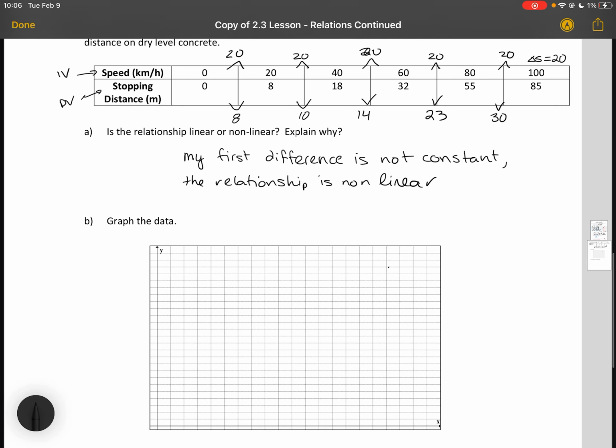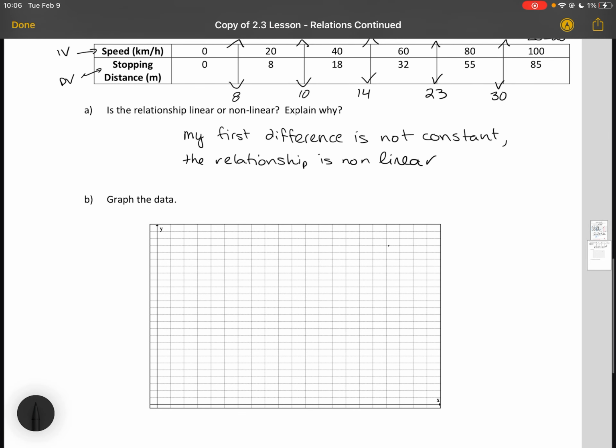So let's graph this and see what it looks like. Okay. So I'm going to put my speed on the x-axis and my stopping distance on the y-axis. This is in meters. This is in kilometers per hour. Okay. And let's go up here. We'll just go up by 20.